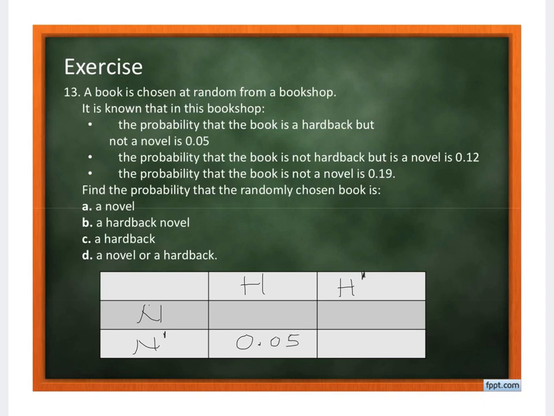The probability that the book is not hardback but is a novel is 0.12. The probability that the book is not a novel is 0.19. So make another table here. Total probability is 1.